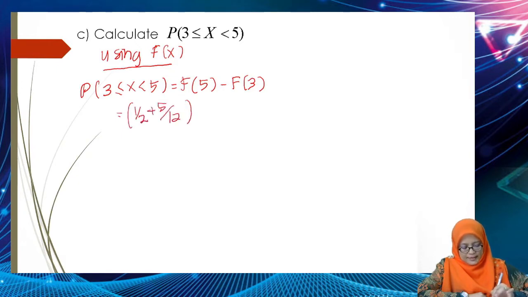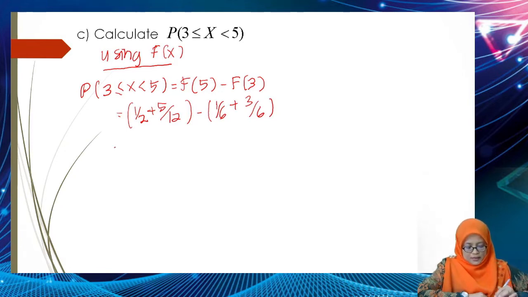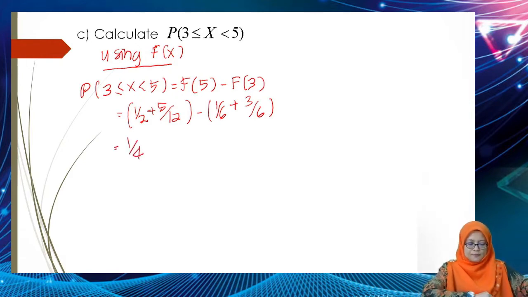Okay, so ini X awak dah ganti dengan 5. Tolak dengan F3 tadi, function dia 1/6 plus 3/6. So ini awak dah ganti X dia dengan 3. Okay, so then calculate. So kita akan dapat nilai 1/4. So itu kalau awak guna kumulatif dia.